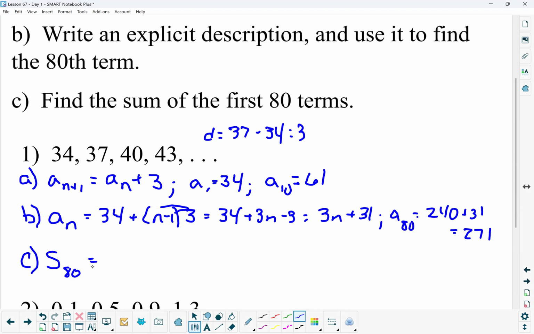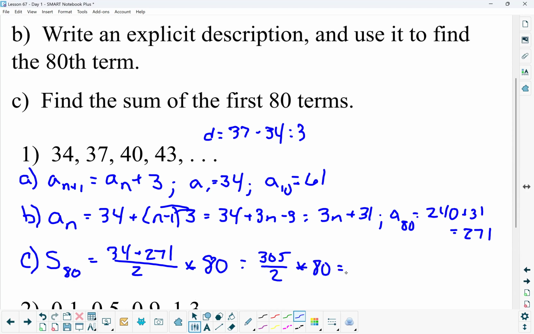My formula said take the first term plus the last term divided by 2 and multiply by the number of terms we're adding. So this is 305 divided by 2 times 80.